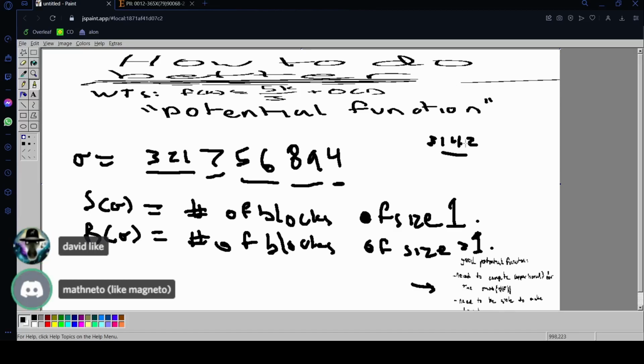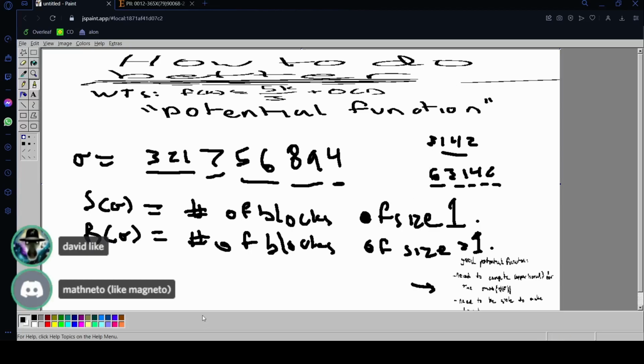Modulo 4, 1 and 4 differ by 1. So instead you need something like 1, 5. No, you need a 1, 4. But if we added a 5 now, then there'd be no blocks, there'd just be singletons.